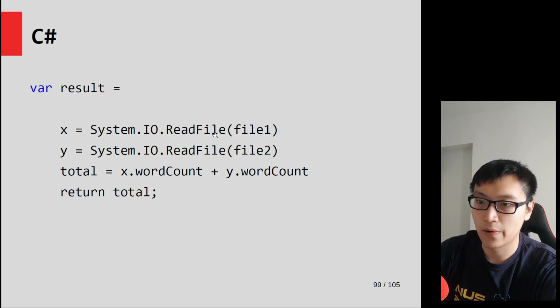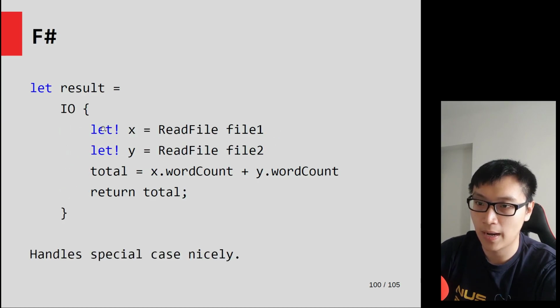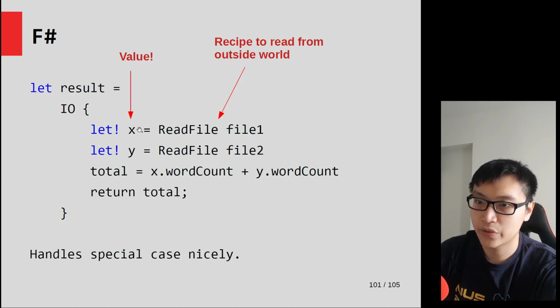And so this is our original code. And you can write the I/O monad or the I/O environment like this, where you take a look at this code over here. You are extracting a value out of a recipe to read from the outside world. So you have a recipe to read from the outside world. You read from a file.